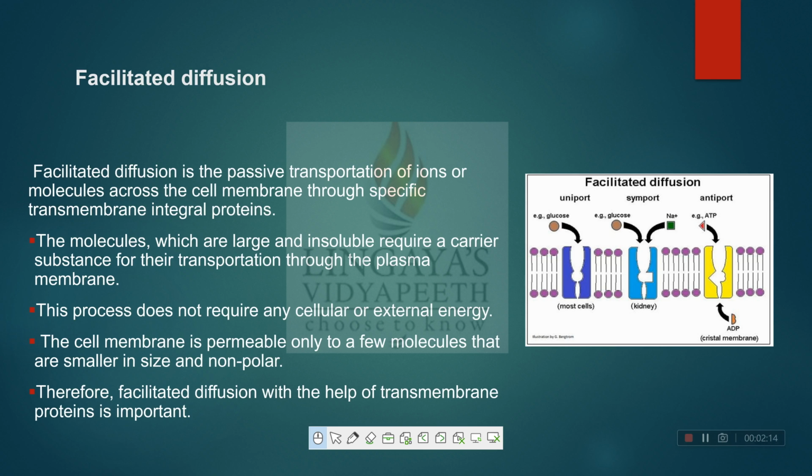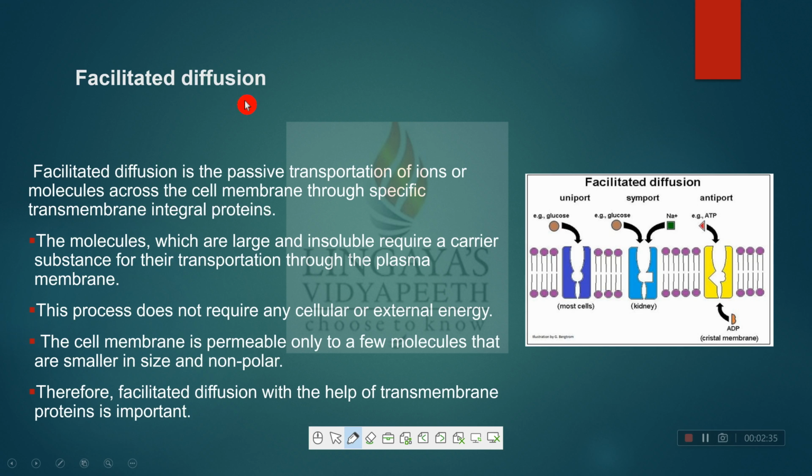Now what is facilitated diffusion? Facilitated diffusion is the transport of substances across a biological membrane from an area of higher concentration to lower concentration with the help of a transport molecule. So what happens in passive transport? Let me clear you with an example.